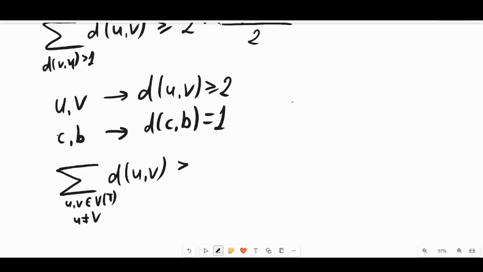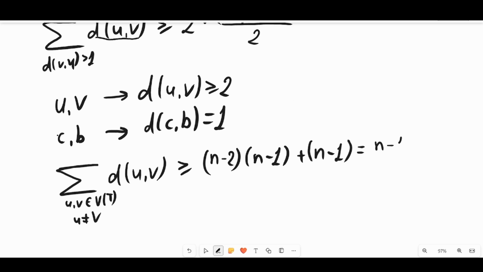Clearly this number is greater than or equal to (n minus 2) times (n minus 1) plus (n minus 1), because this is the minimal sum. For the pairs the distance between them is at least 2, and this is the sum of the distances of the neighbor vertices, and clearly this is equal to (n minus 1) squared.